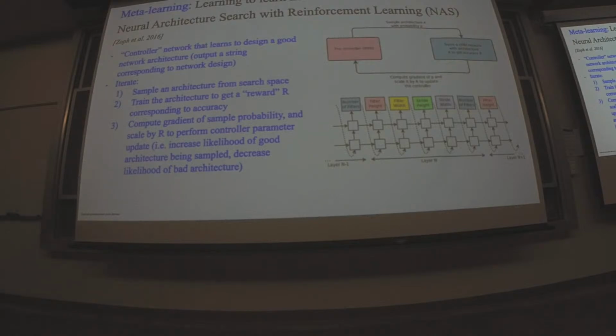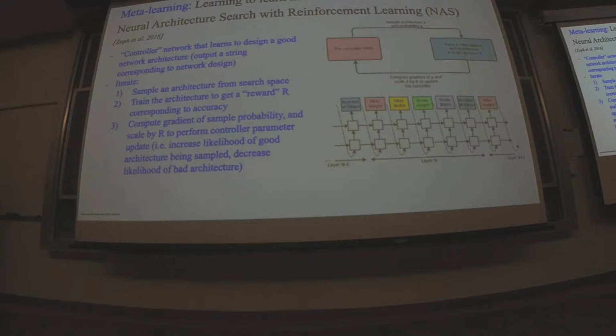But you can start to, in an end-to-end way, learn the architecture as you learn the task, which is really cool. So the whole area is neural architecture search, and I'm just pointing out that it's out there.